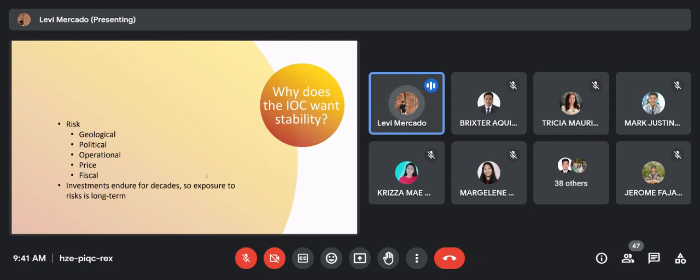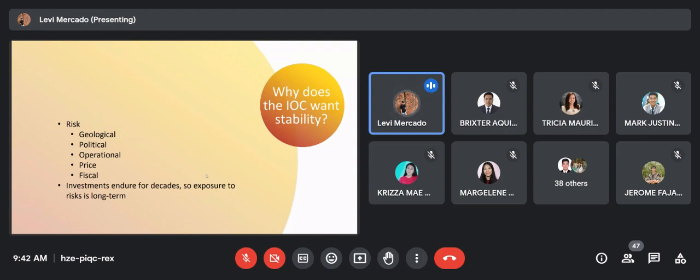To lessen the geological risk, ano bang kailangan? Eh di, yung mga advancement of technologies. Ang nagpo-provide naman nito, kung hindi kaya ng NOC, yung mga IOCs. Political, that's why gusto ng mga IOC ng stability.